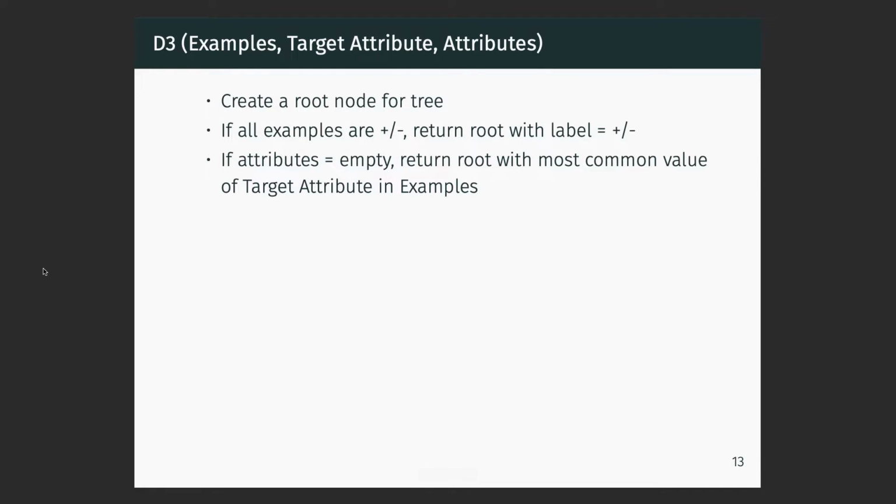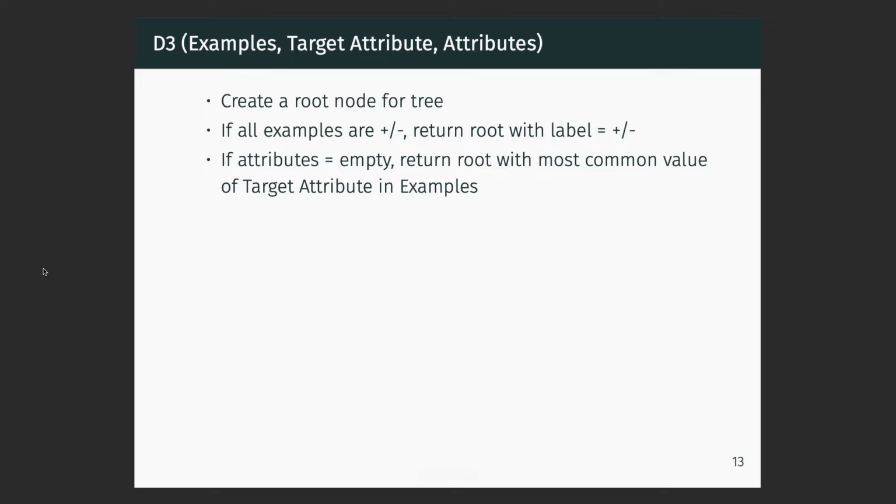If the attributes set is empty, then you have to choose the most common value of the target attribute in the examples. The examples is the set S of all the samples that we have. The target attribute is the attribute which we're trying to correctly identify, which is whether you play or not. And attributes is the set of 4 attributes which we are using to construct the tree.